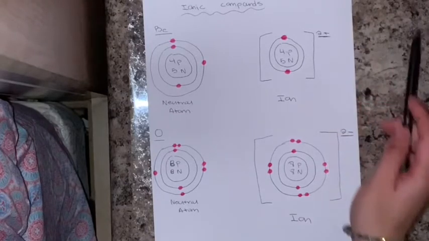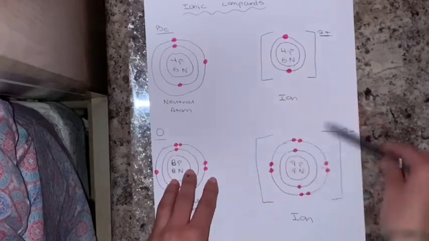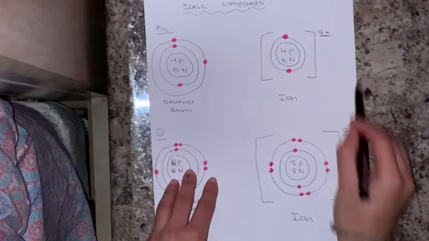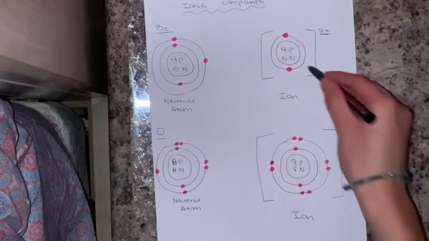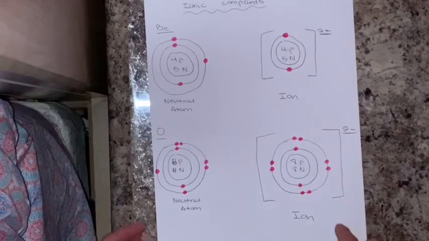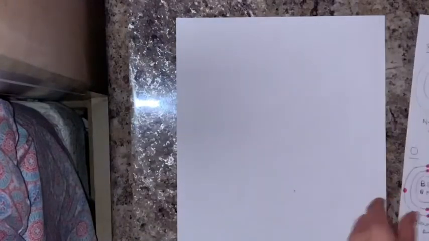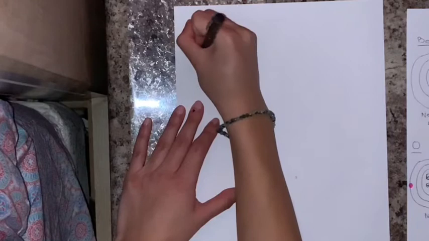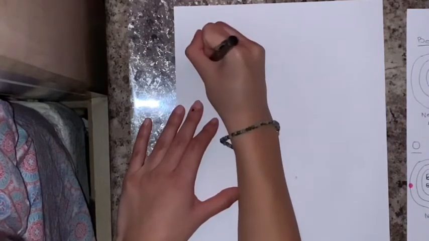And so we are going to create a compound between these two, between beryllium and oxygen. Basically we're just going to write these two ions and place them next to each other to create ionic compounds. And that's how you basically create ionic compounds. You just put the ions close to each other.